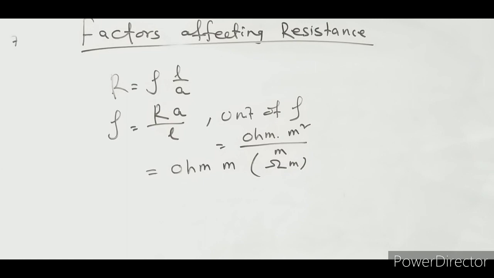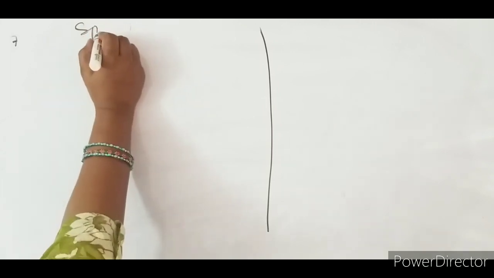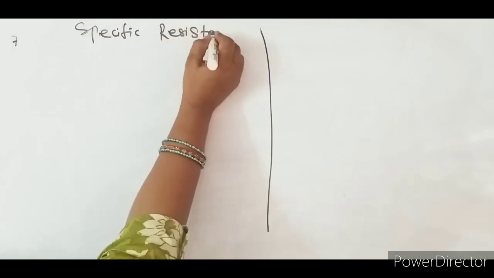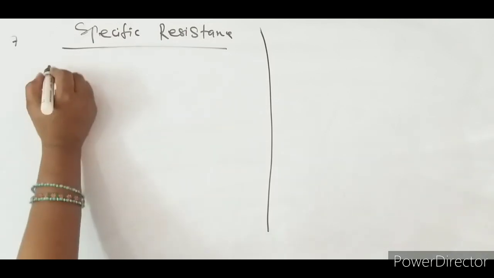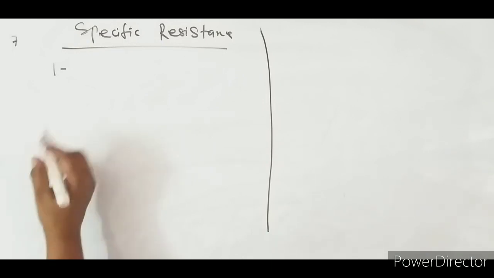And one important thing is that the specific resistance of the body does not depend upon the shape and size of the body. Here most important are the factors on which specific resistance depends. It depends on the characteristics, property of the body, or material of the body.